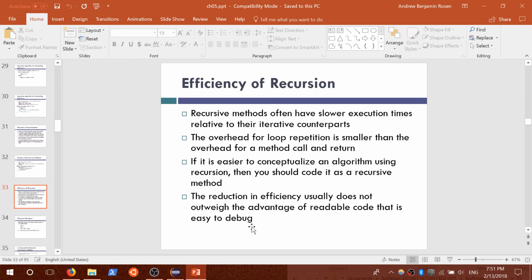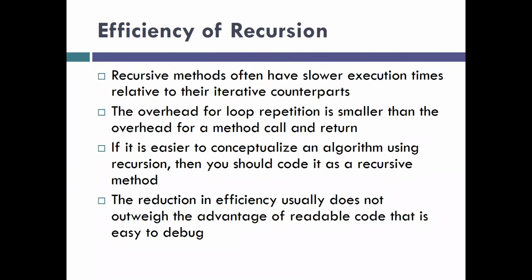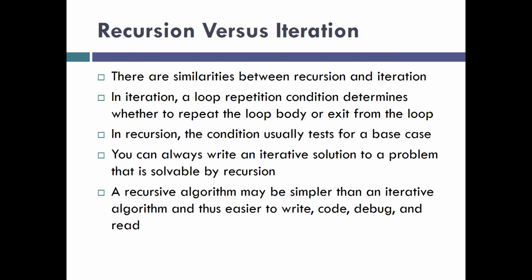How efficient is recursion versus iteration? Because, right, and again, iteration is doing it by a loop. So here in iteration, a loop repetition condition, it checks at the top whether or not this condition is true and whether or not we're going to continue.